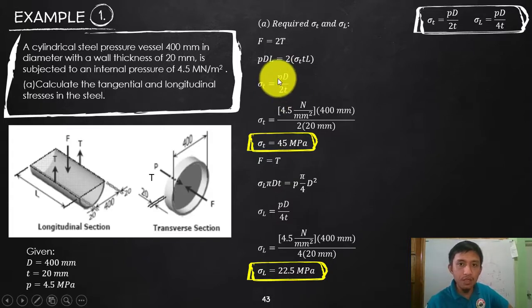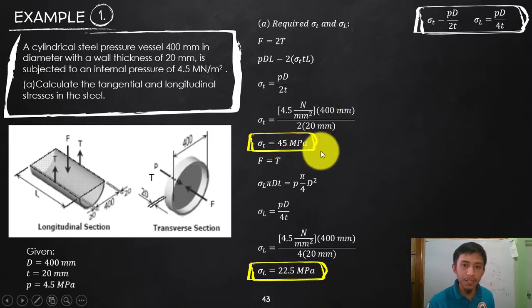Your bursting pressure, which is in megapascal, is 4.5 times the diameter, which should be in millimeter. If you are using Newton per millimeter squared, you should be using the length in millimeter. So the big D is 400 millimeter, and the thickness is 20 millimeters. So you will end up calculating this as exactly 45 megapascal.